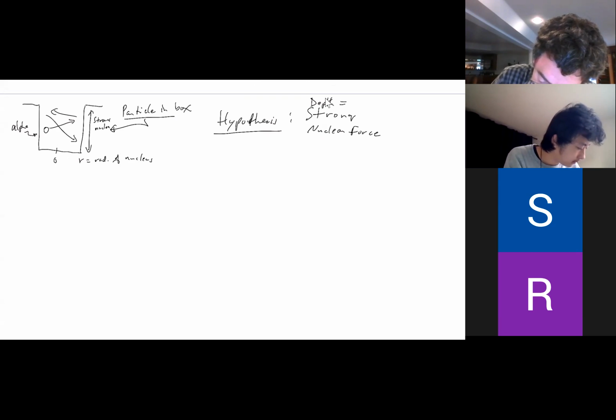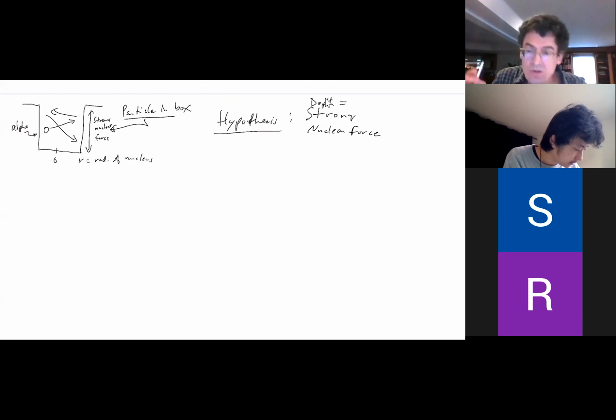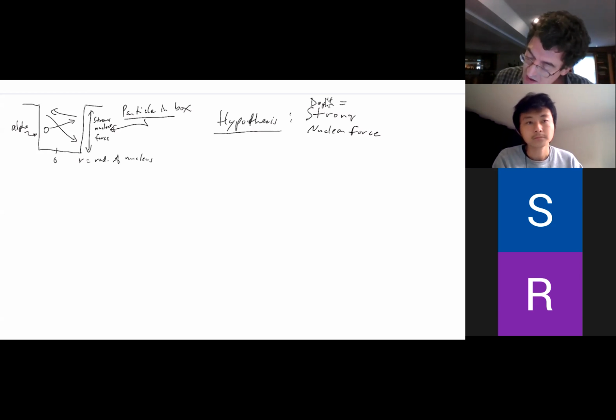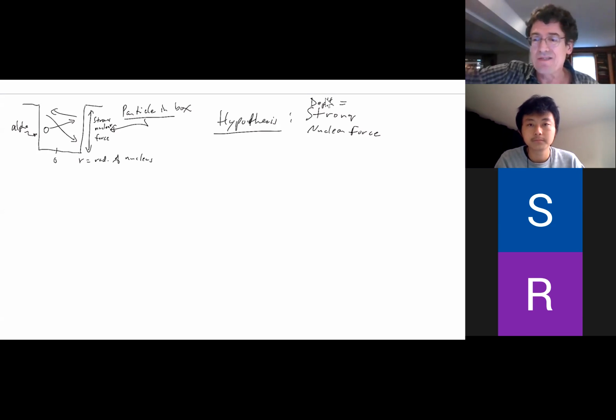The idea is that there's this strong attractive force that's holding them together, and it's a really deep well. But every now and then something can get out. So how the hell does it get out? Well, the idea is that it tunnels out of the box.